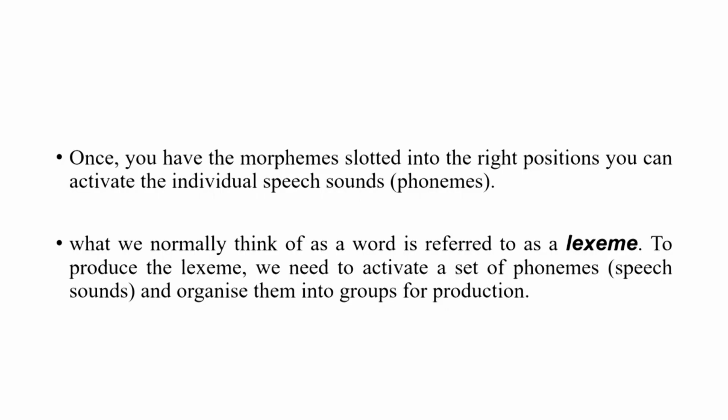Once you have the morphemes slotted into the right positions, once you have activated their individual speech sounds, then what you end up with is that lexical entry called a lexeme. It is basically how a particular word exists in your mental lexicon, which is your mental dictionary, and for this we need to start activating now the basic sounds that will create this lexeme, and will need to be organized in a particular manner for production.